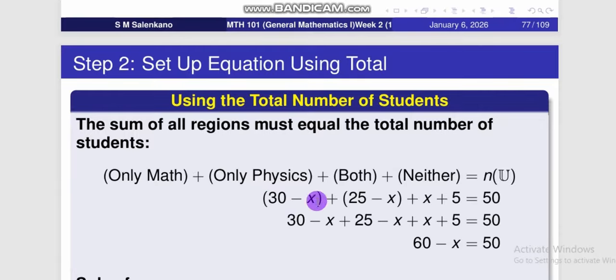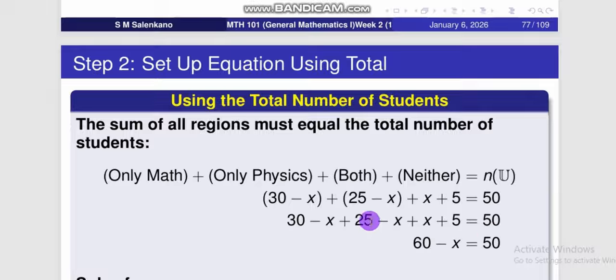So you can now clear the brackets. This is 30 minus x plus 25 minus x, then plus x plus 5 equals 50, right? So you add the numbers.